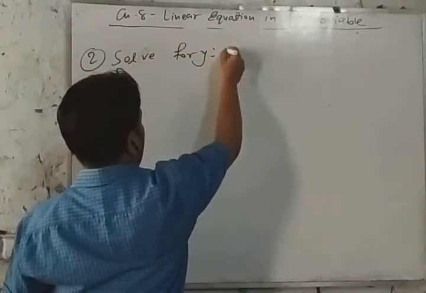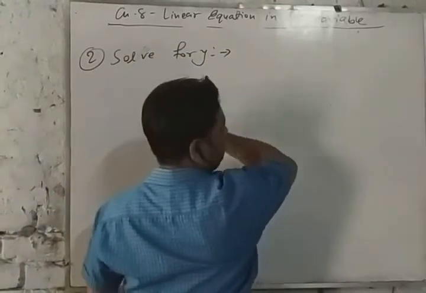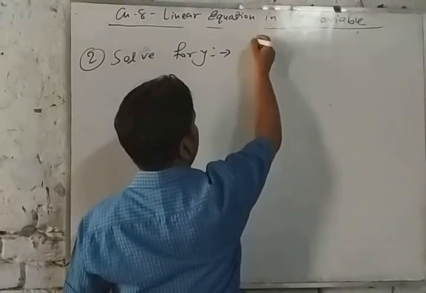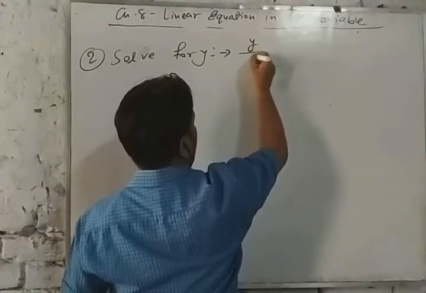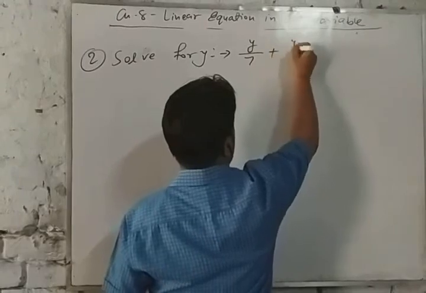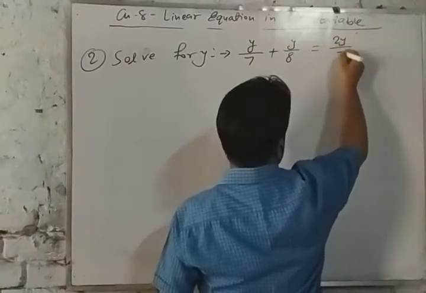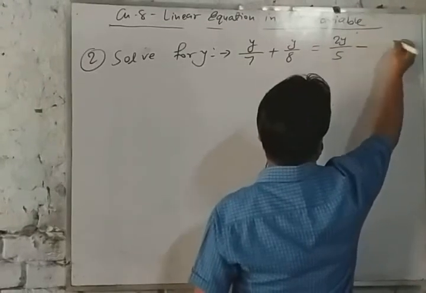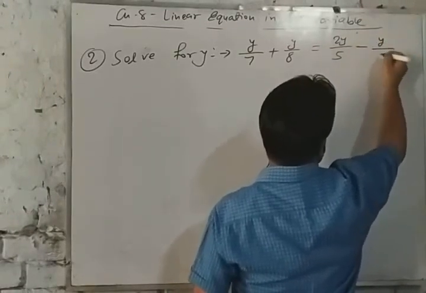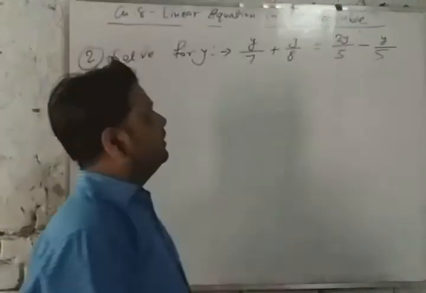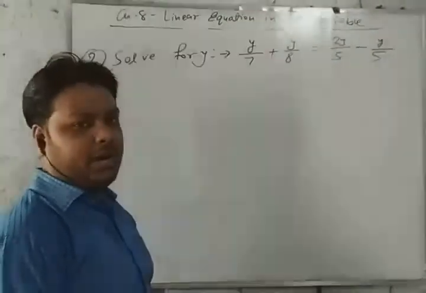If the question is solved for y, y by 7 plus y by 8 is equal to 2y by 5 minus y by 5. Okay. Here at first we will add or subtract the equation.